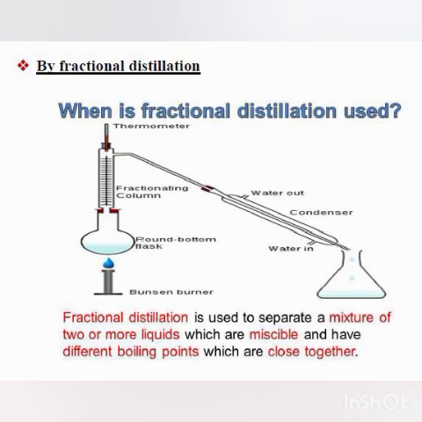Now children, there is one part in your book, in this chapter, after fractional distillation, page number 22, that is how can we obtain different gases from air. So this is your homework for today, that you will just read it and understand it, and if you have any problem then I will explain it.